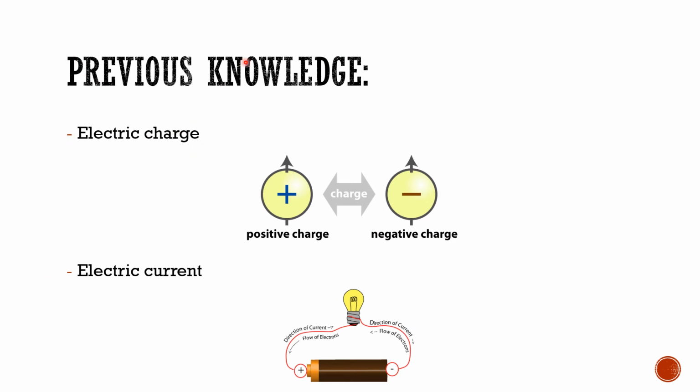So now that we know the principles or the foundations of how electric machines work, we need to take a look at what we learned in a previous course called electromagnetism or electricity and magnetism, and review all of these previous concepts. So you have the assignment to go back to your notes or look on the internet about electric charge, electric current, what are these two and how they relate to each other.